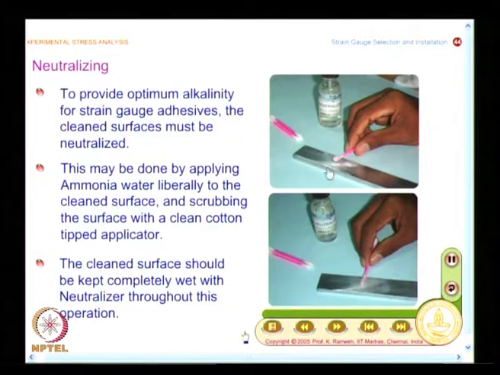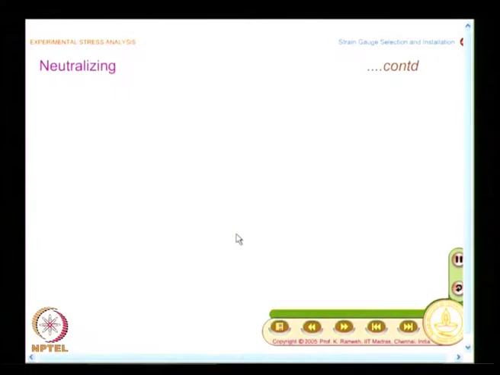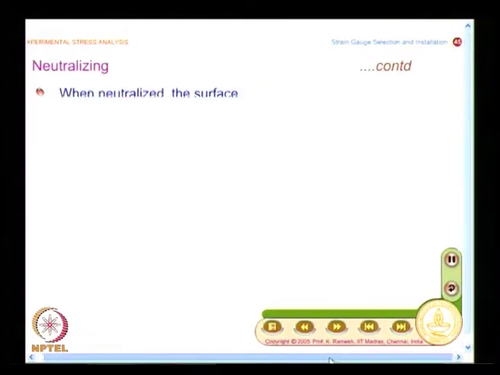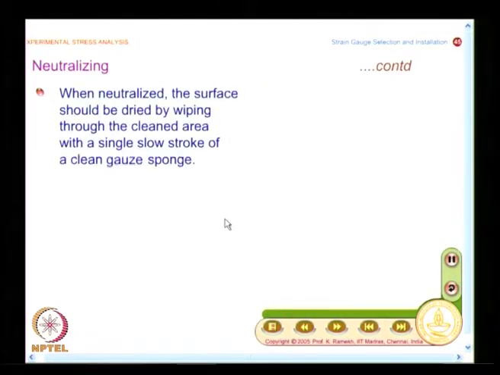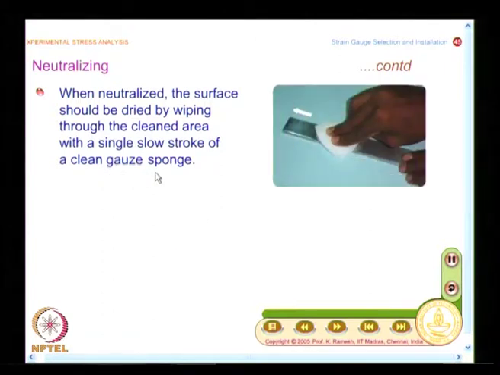And here again you must keep the surface wet with neutralizer, and as before wipe it dry with a slow stroke of clean gauze sponge.